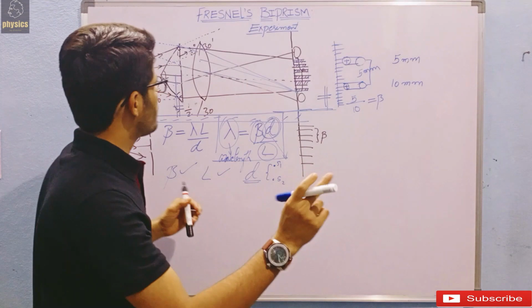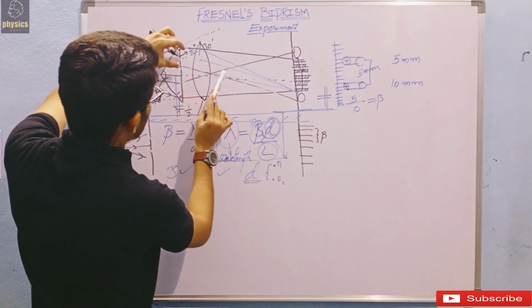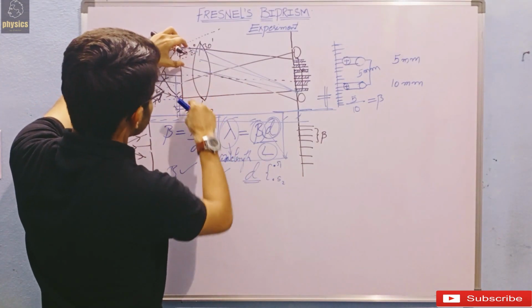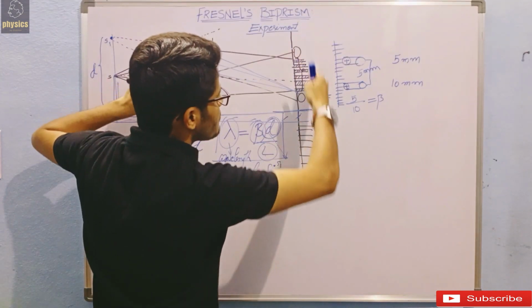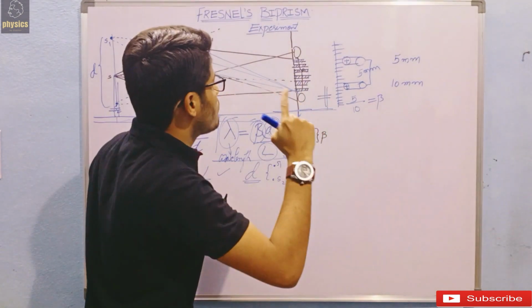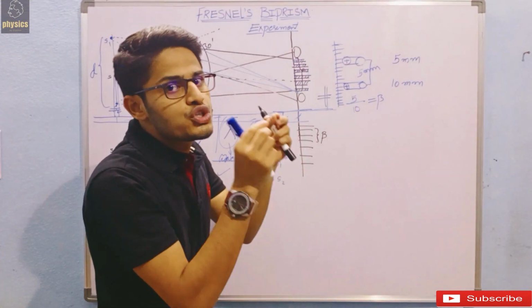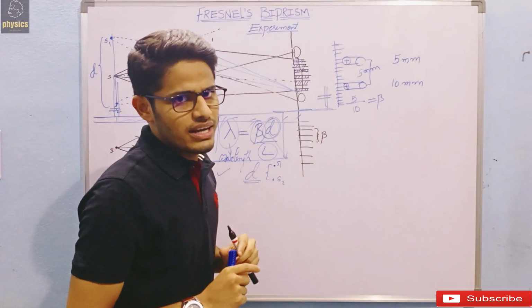So with the help of this lens, we can focus the light from S1 and S2 on the final screen. Instead of getting the interference pattern, we'll get two sharp images of S1 and S2.